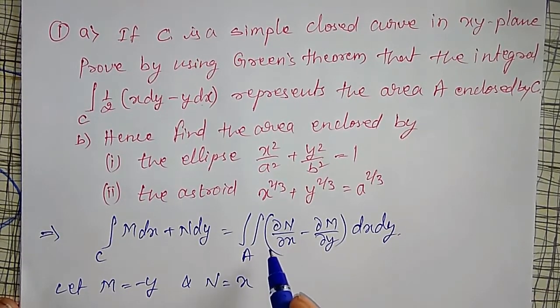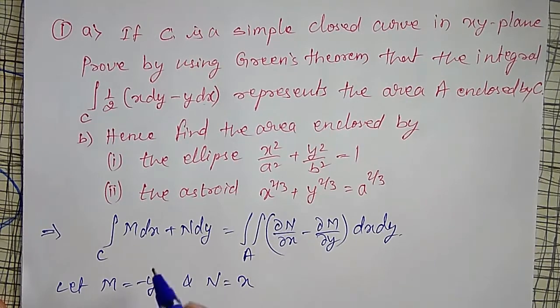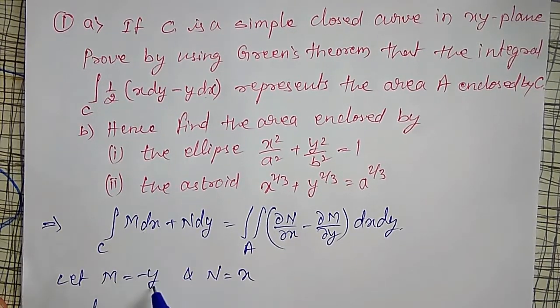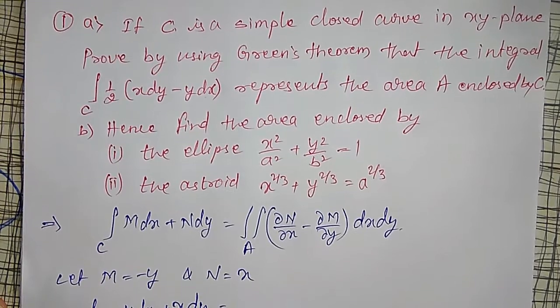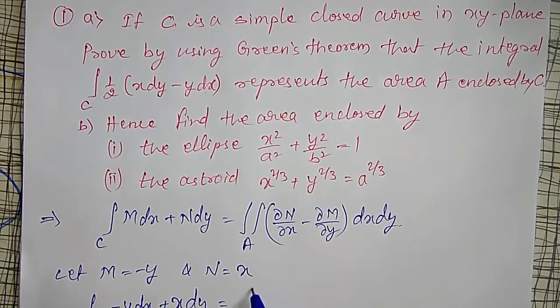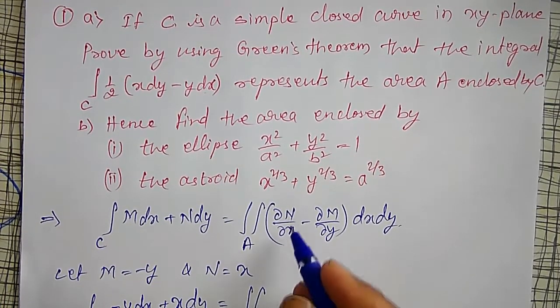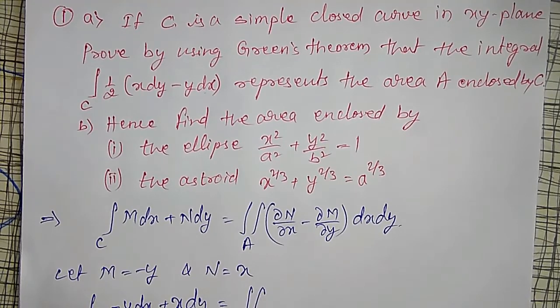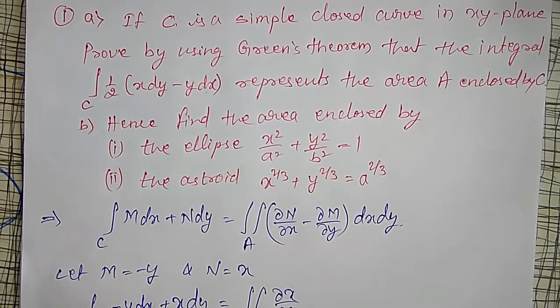In the above result, integration over C, M is minus y dx plus N is x dy, is equivalent to the double integration over the region A of dou N by dou x minus dou M by dou y, dx dy.